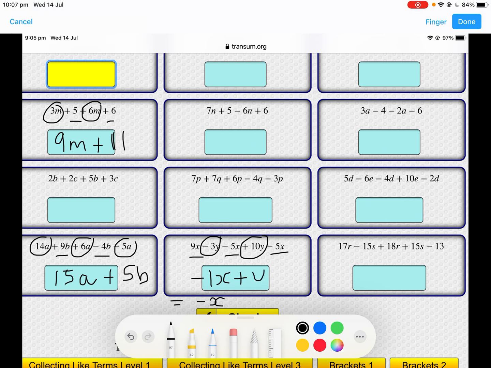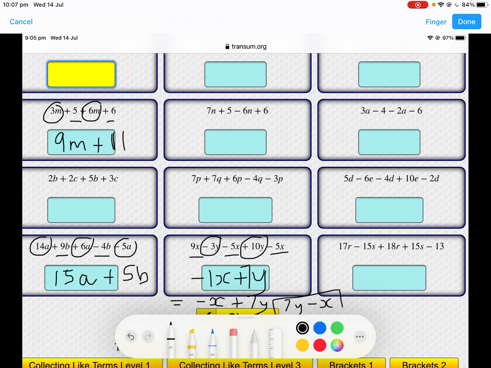So what was the answer? Sorry. Minus 3 plus 10 is positive 7y, excuse me. So therefore my answer could be written as negative x plus 7y, or you could turn them around and write 7y minus x. Either of those is actually correct.